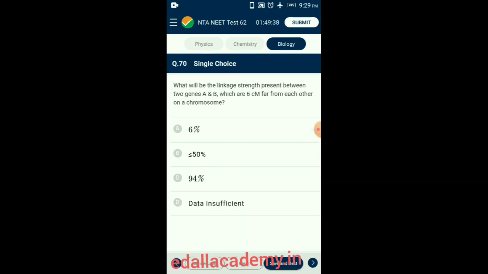Question number 70. What will be the linkage strength present between two genes A and B, which are 6 centimorgans far from each other on a chromosome? The intergene distance on the chromosome cannot be measured in the customary units employed in light microscopy.